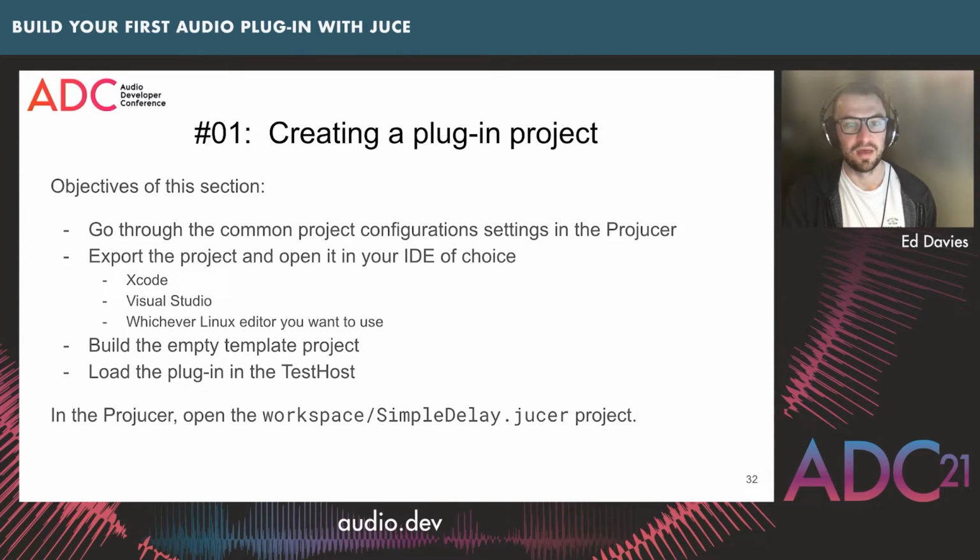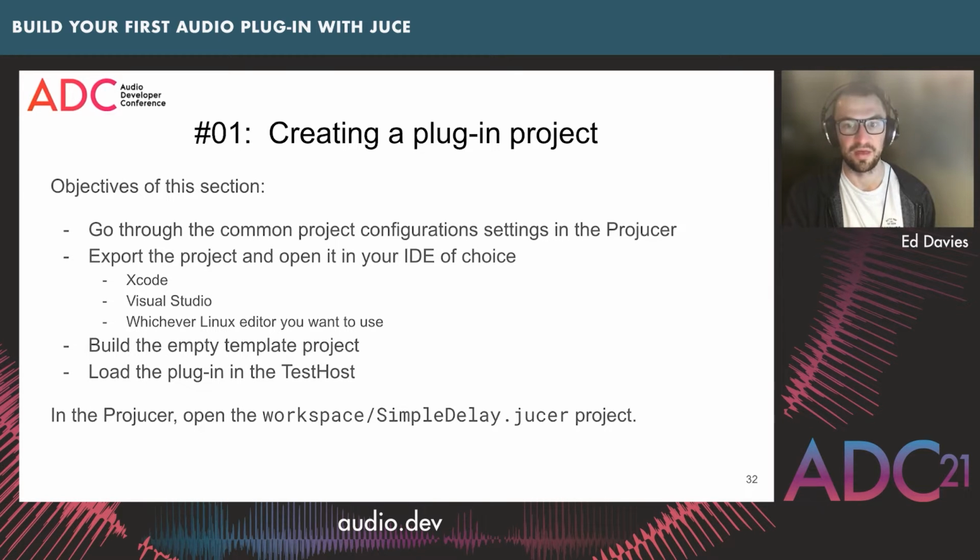So if everyone can navigate to the producer directory of the workshop materials and open the producer for the platform that you're on. And then when that is open, open the producer project that's located in the workspace directory. So that's this file path, which is on the screen at the bottom there.